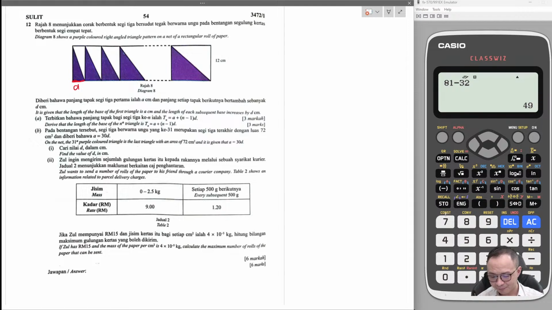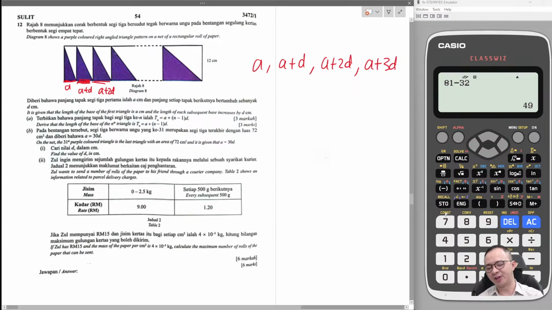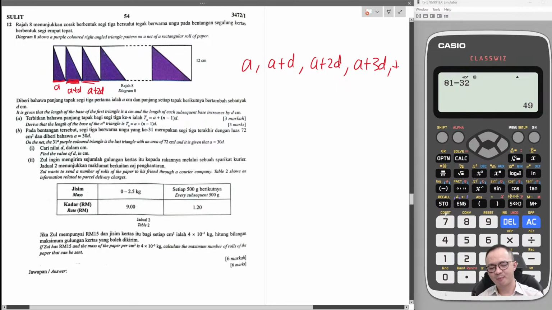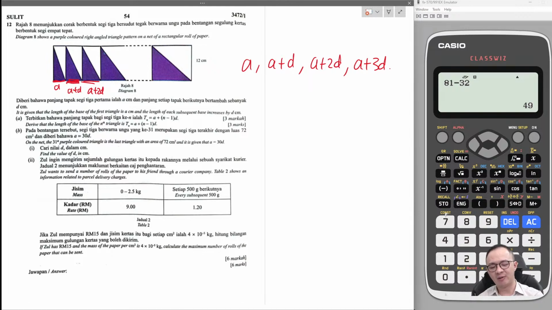This is A. Then for each subsequent triangle, they add a D. So the next one is basically A plus D. So this one is basically A plus 2D and so on. So I literally get something like this: A plus 3D and dot dot dot, right? And we still have a lot more at the back.